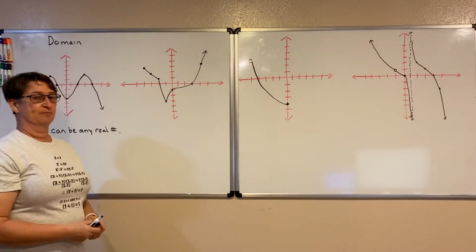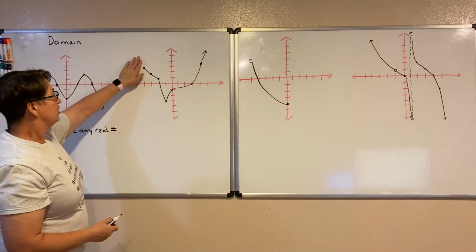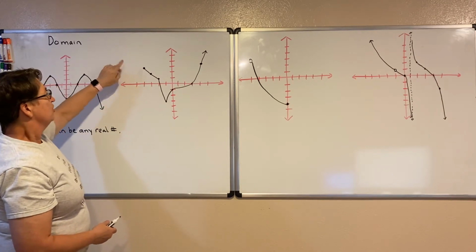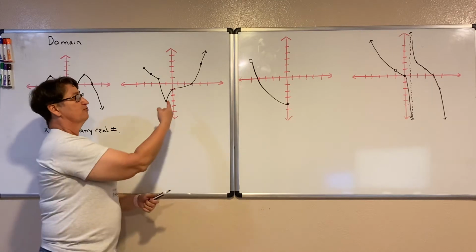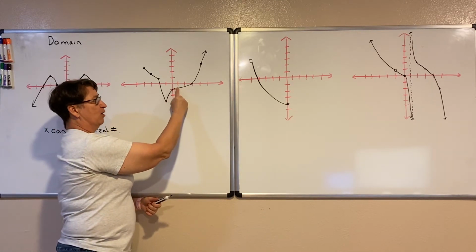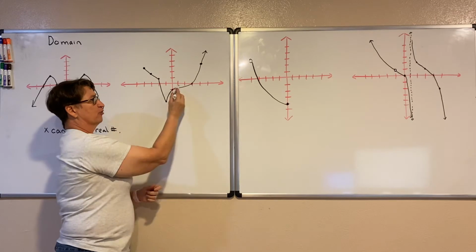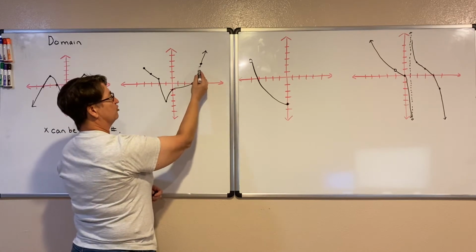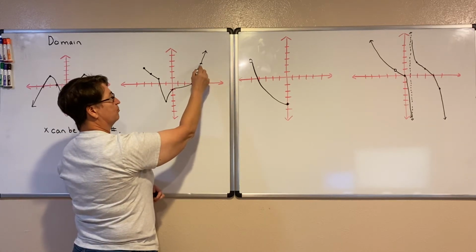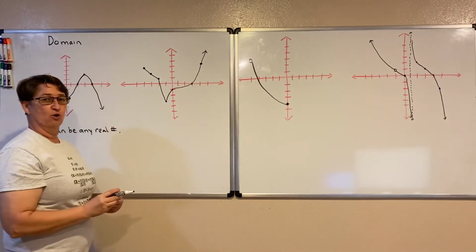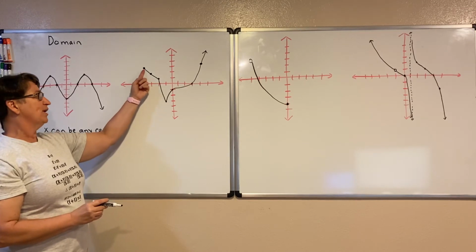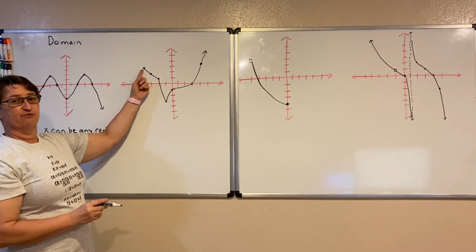Look at this function. This function, however, notice that down here there are no outputs. So if I pick a value like 1 for my x, there is an output. There is a point on the graph where my x is 1. If I pick a number like 4 for my x, there's a point on my graph where x is 4. If I pick -4, there is a point on my graph where x is -4.